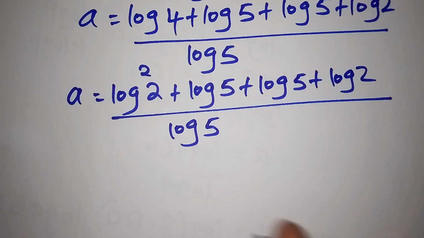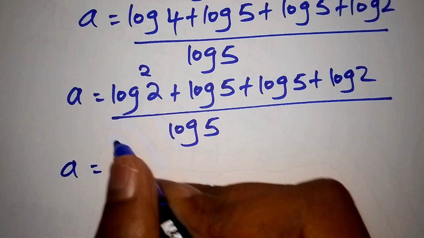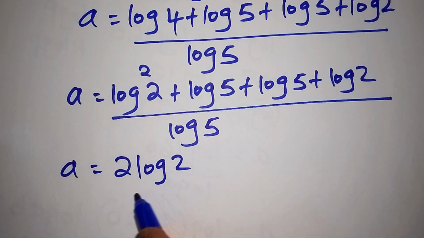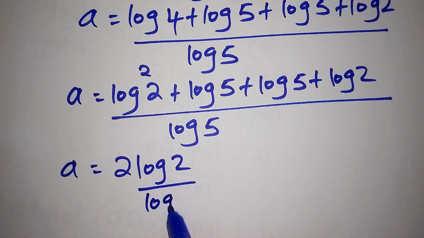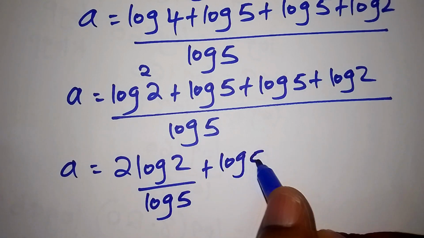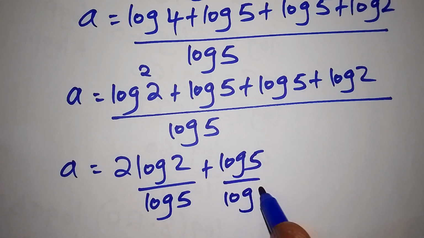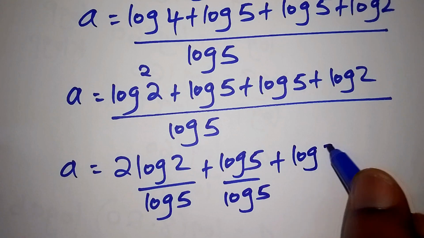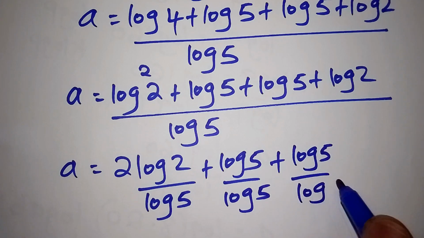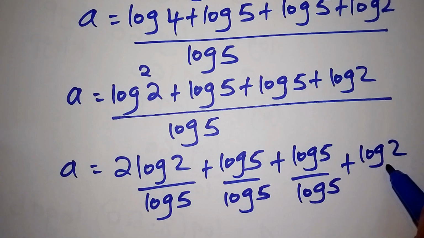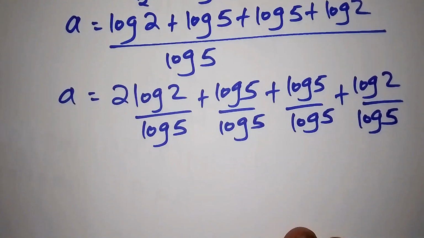So next we shall say that the value for a is equals to, the log of 2 to the power of 2 can be written as 2 times the log of 2, then divided by the log of 5, plus log 5 over the log of 5, plus log 5 over the log of 5, plus the log of 2 all over the log of 5. So let's now simplify the ones that are similar.